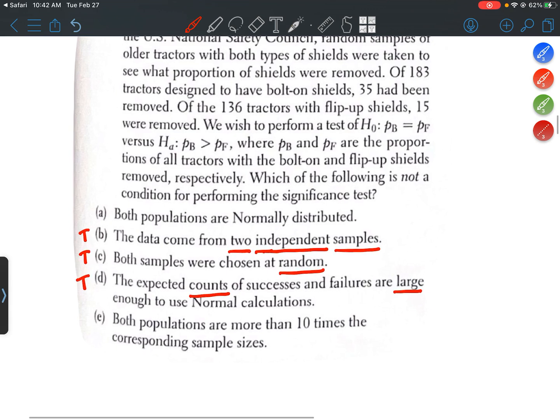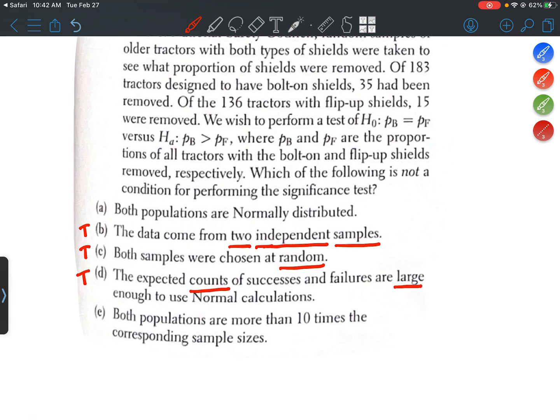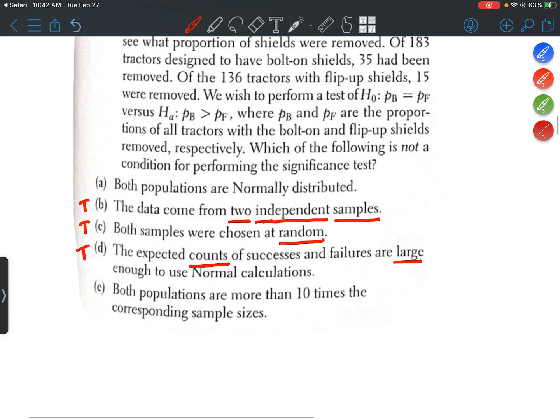Statement E, both populations are more than 10 times the corresponding sample sizes. If the population is greater than 10 times the sample size, that is equivalent to saying that the sample size is less than 1/10 or 10% of the population size. So choice E is referring specifically to the 10% rule.